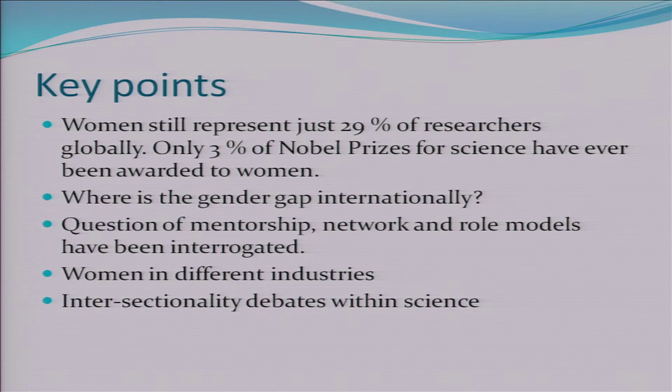We know that there is a gap, but why is there a gap? Because there is a demand for mentorship, networks, and role models of women scientists in decision making positions, and the question of leadership in science. So these are some of the issues dealt with in these two blocks.